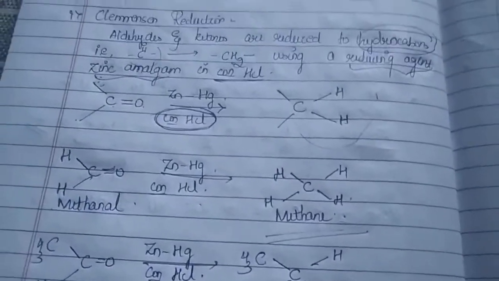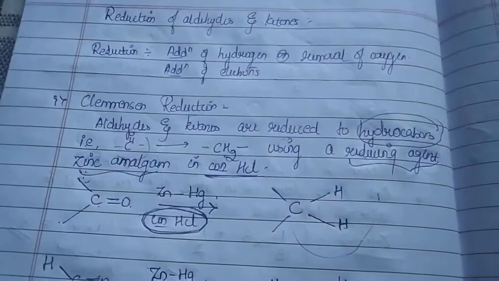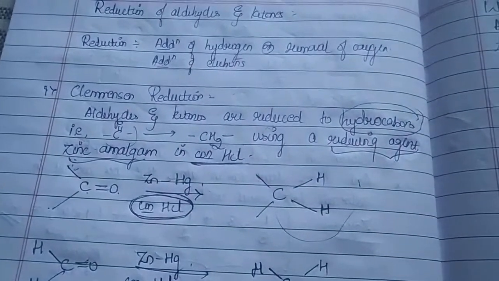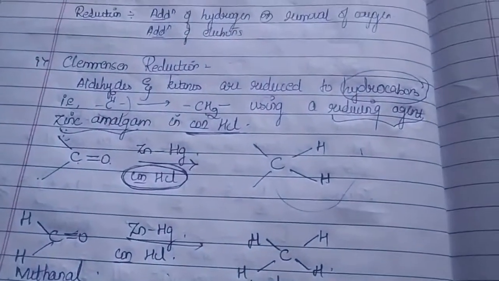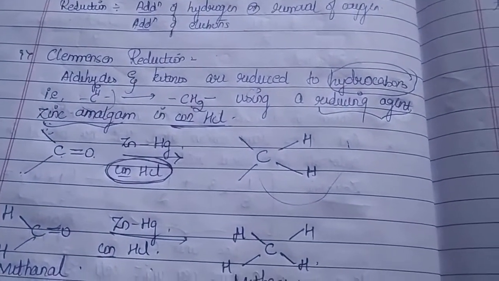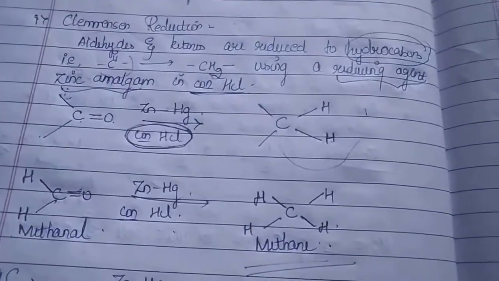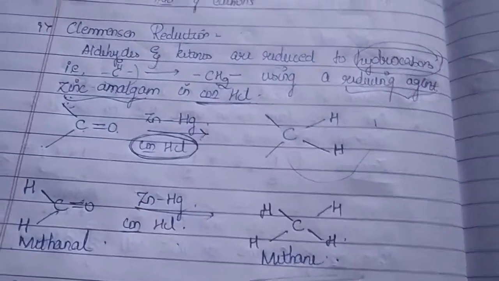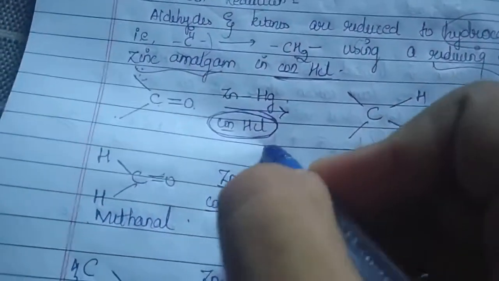Basically we have talked today about Clemmensen reduction, and we came to know that it's a reduction of your carbonyl compounds to hydrocarbons in the presence of zinc amalgam in concentrated HCl. We also came to know that it's an acidic medium we have to maintain. One more important thing: you might ask, why can't we use only zinc in concentrated HCl?